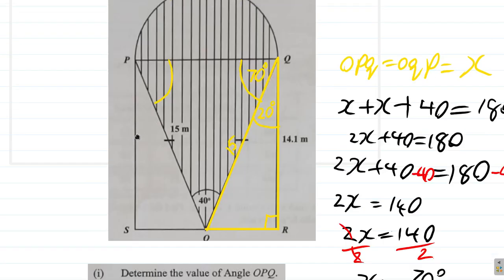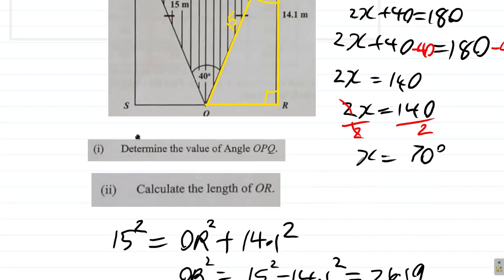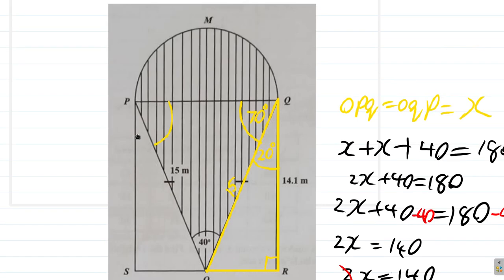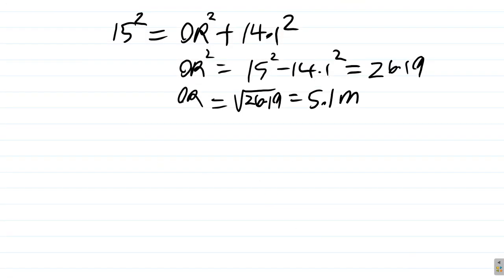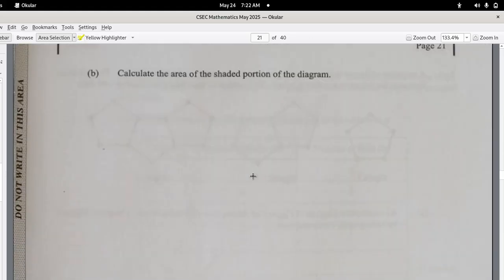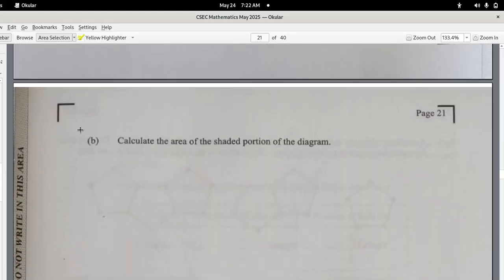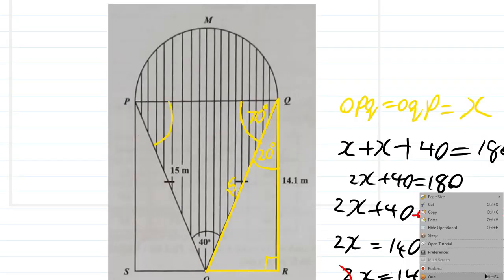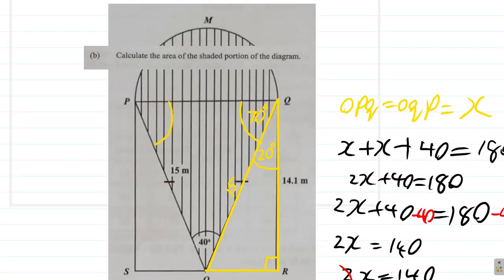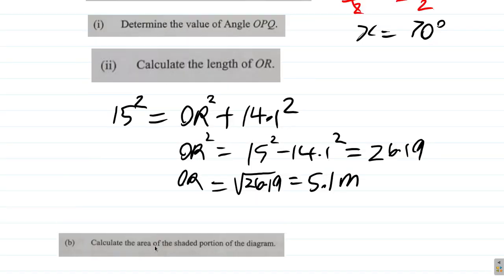So the top part, the curved part, is a semicircle. So what we're going to do to get the area of the shaded portion, and by the way, let me copy and paste that part and pull it somewhere where there is space to work with.